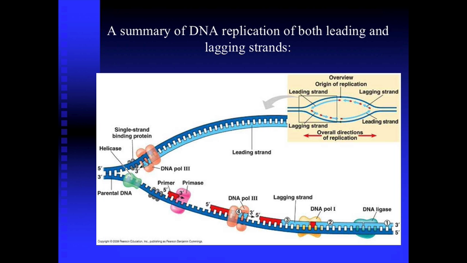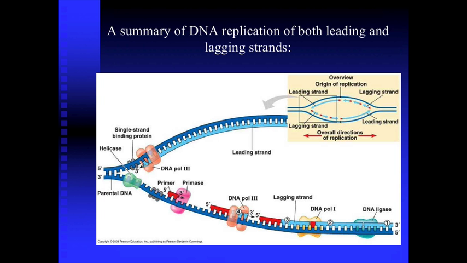So here you see all those pieces in play, and we can talk about what we've just said, looking at it in a progression here. Here's our leading strand. We're simply reading 3 to 5 here, the top of the figure, leading strand. We're laying down new DNA, adding new nucleotides to the 3' end.